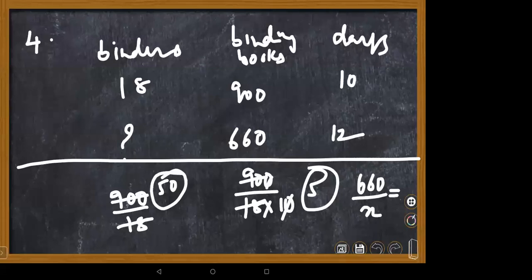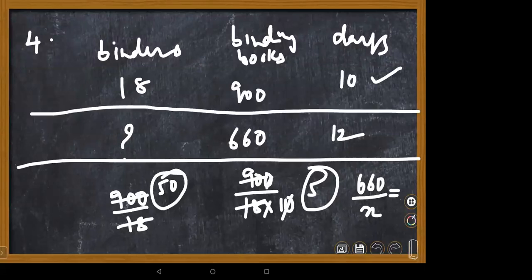It's 11 binders, right? Yes. Right, that's all. But we can do it in both ways. The same binder, one binder, the capability we are equating, right? Ma'am, because 18 into 10 gets cancelled, no? Yes, that's why here we are getting 5 books. One binder, 1 day, can bind 5 books.